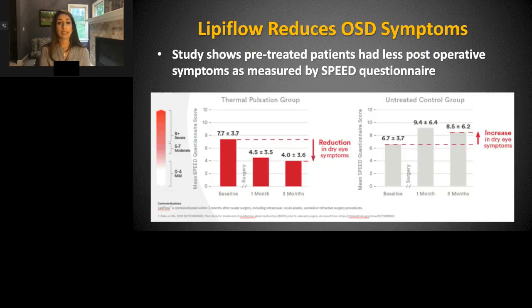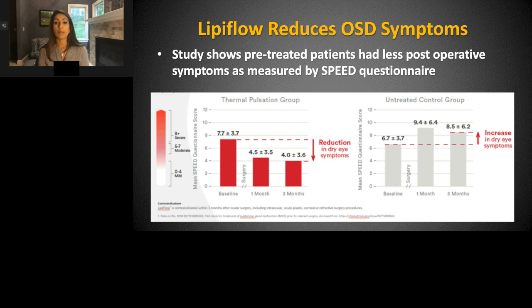This is a study that I think is very interesting. They took patients and divided them into two groups, and they measured their symptoms, and they looked at essentially the impact of treating ocular surface disease before surgery.